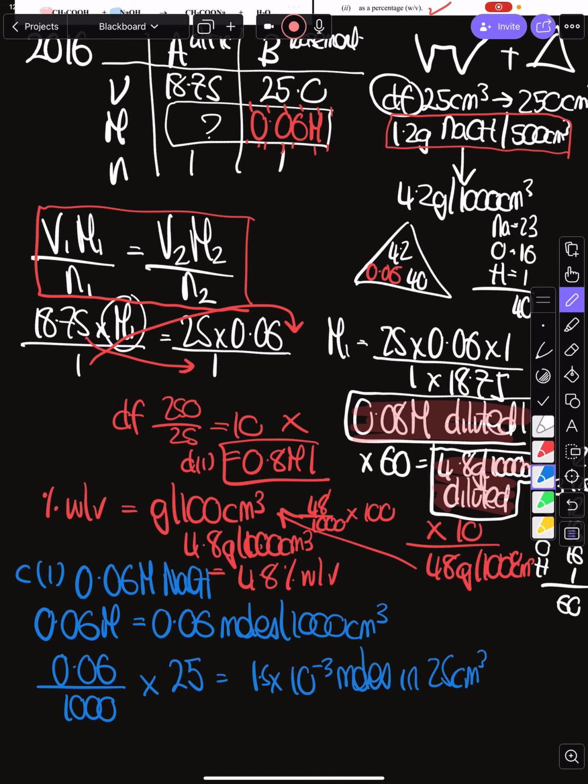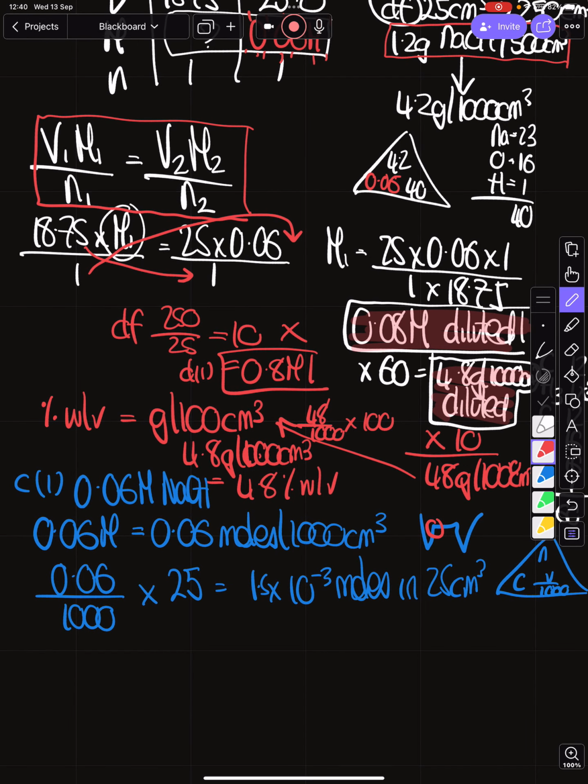This is our first principle maths. It is our fourth triangle, essentially CV over 1,000. And in terms of the W that we do for our maths, the piece of maths we just did was this from our first principle maths. In part 2, it's asking us for moles of ethanoic acid in a centimetre cubed.